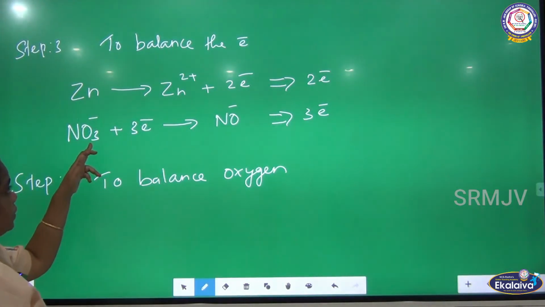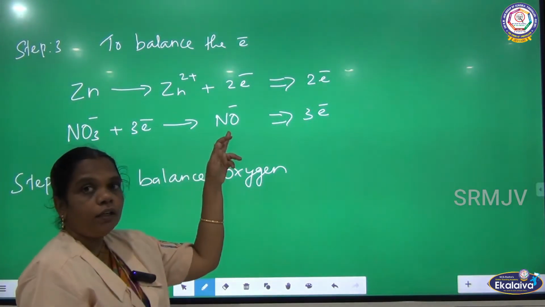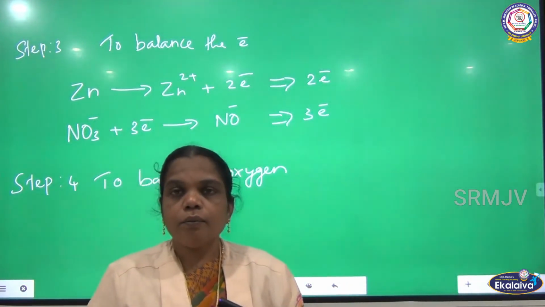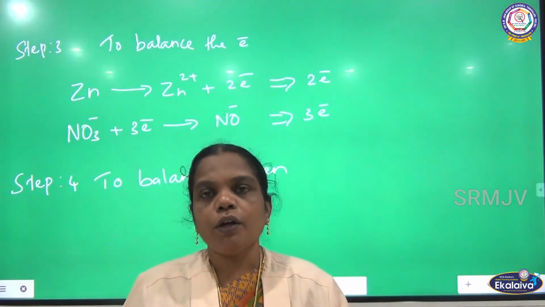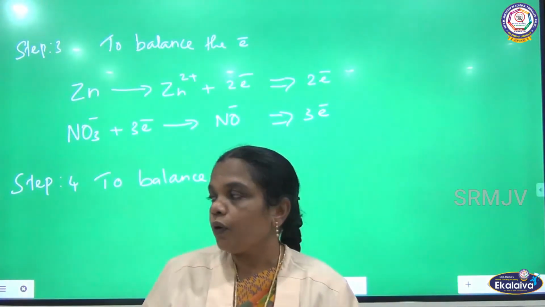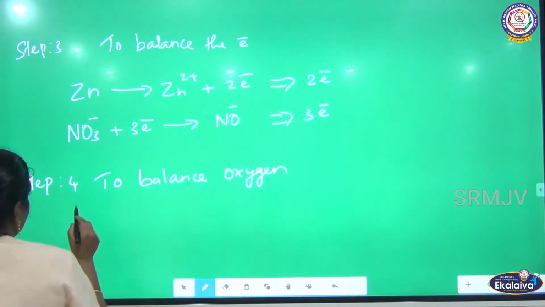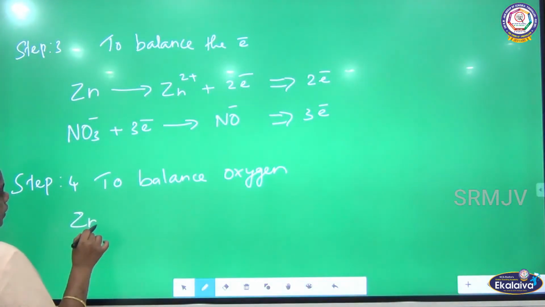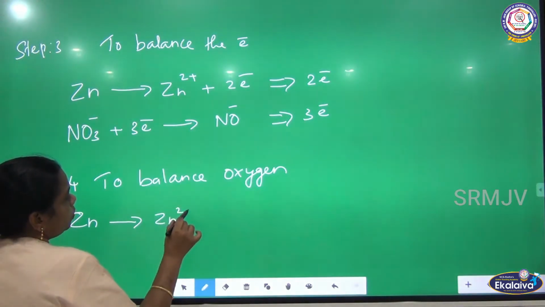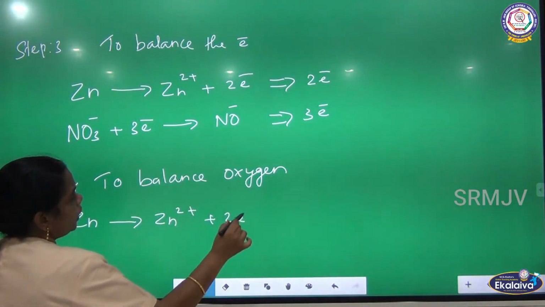Here 3 oxygen atoms and here only 1. So we want to balance. How to balance the oxygen? By the addition of water molecules. To balance hydrogen, addition of protons. Now you write the first equation as it is. Zinc gives zinc 2 plus and 2 electrons.